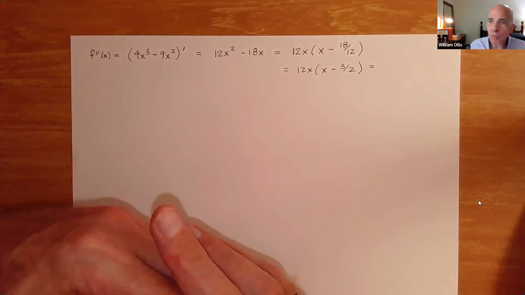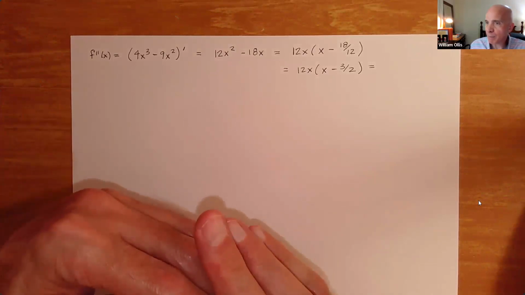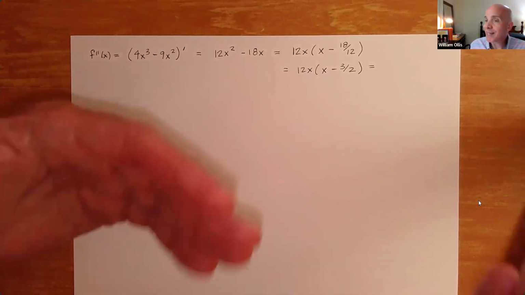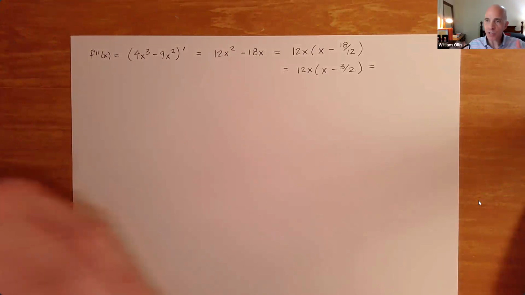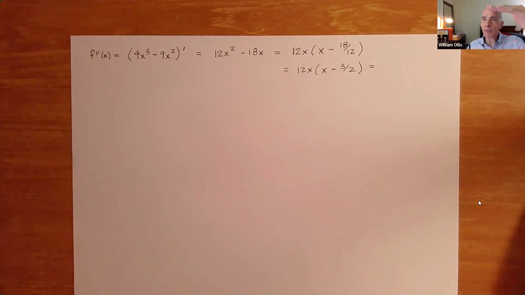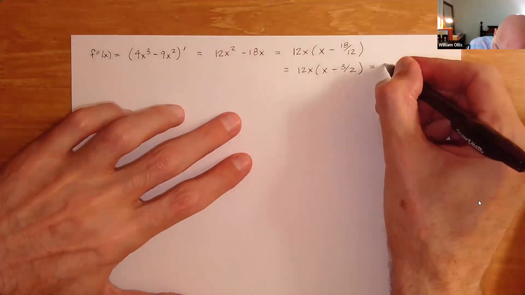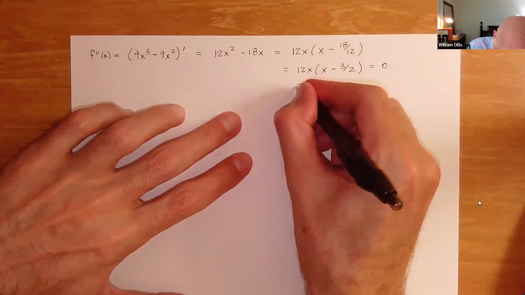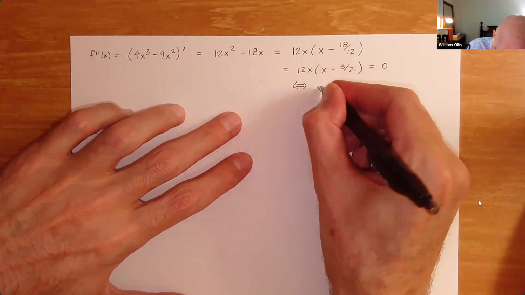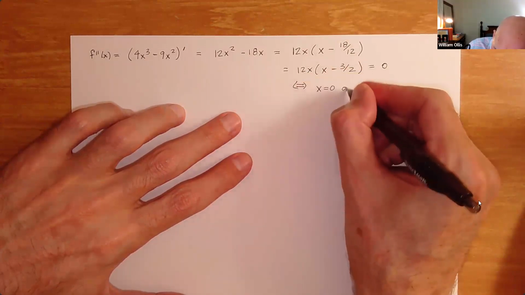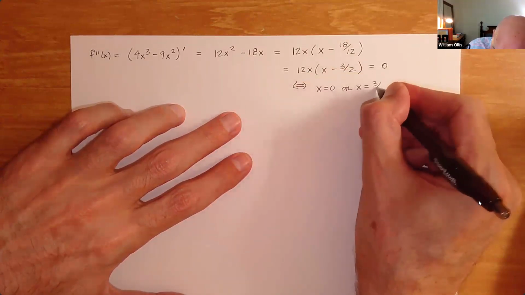Okay, so we want to exhaust all of those possibilities so we can simply assess the sign of the second derivative. So now we have moved from the realm of the first derivative into the realm of the second derivative. So we'll say this equals 0 if and only if x equals 0 or x equals 3/2.